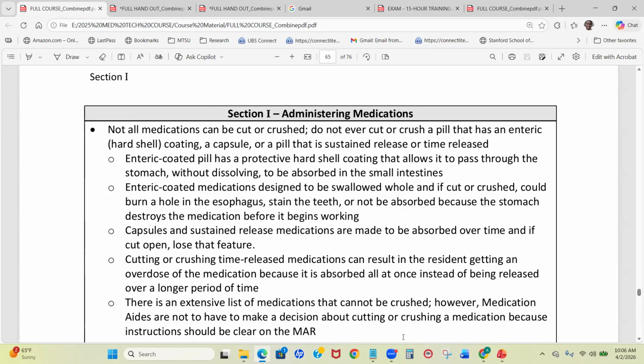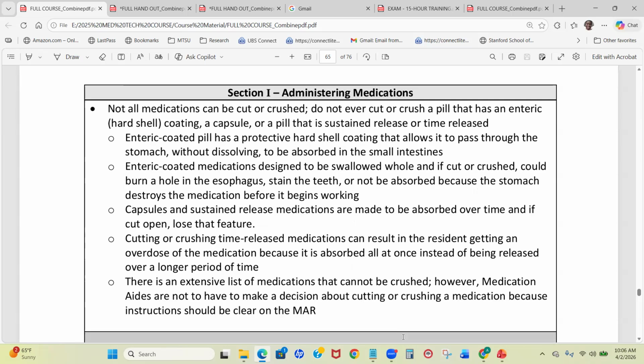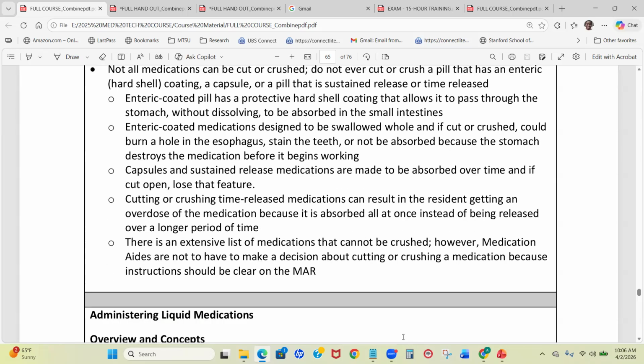Not all medication can be cut or crushed. Do not ever cut or crush a pill that has an enteric or hard coating. If it's a capsule, don't crush it. If a pill says sustained or time release, don't crush it. An enteric coated pill has a protective shell that allows it to pass through the stomach without dissolving.